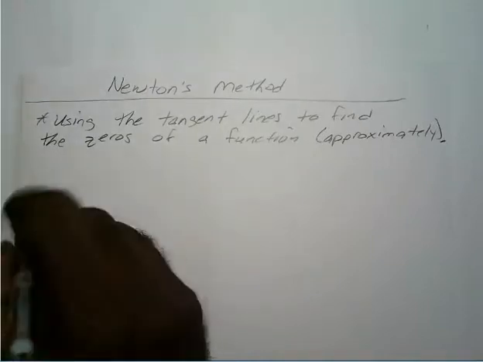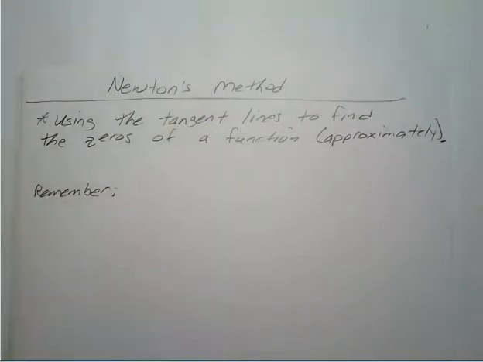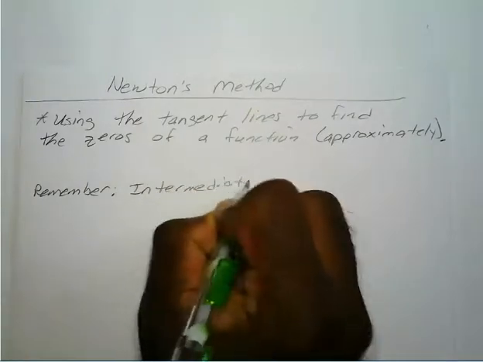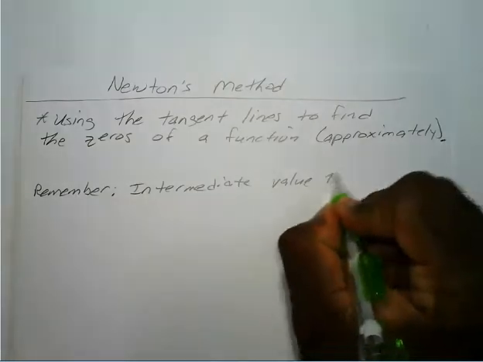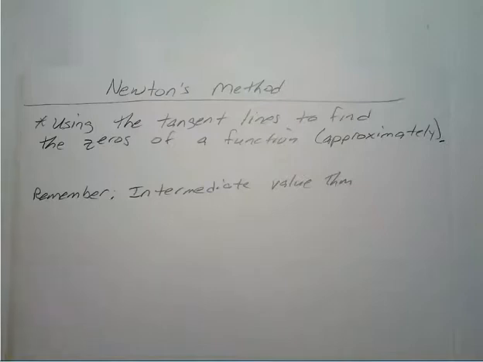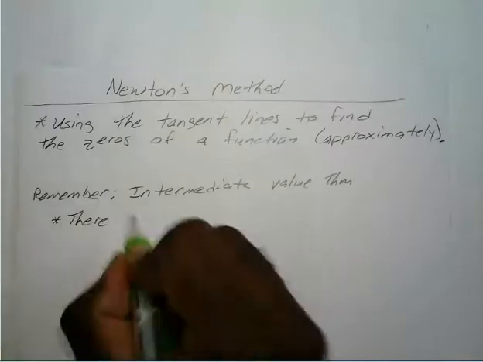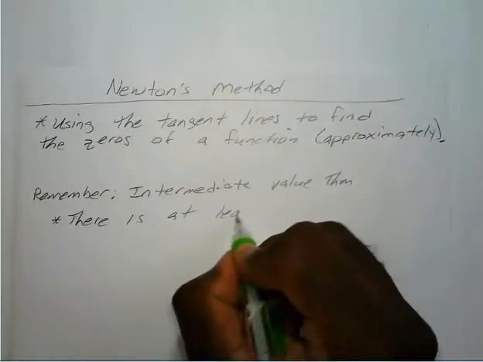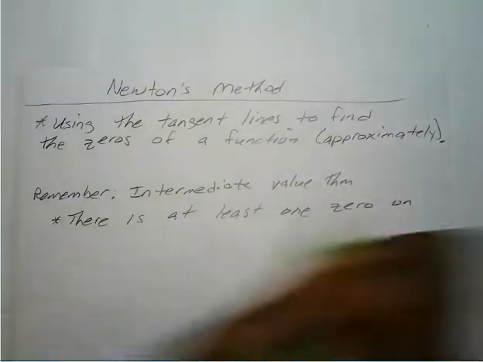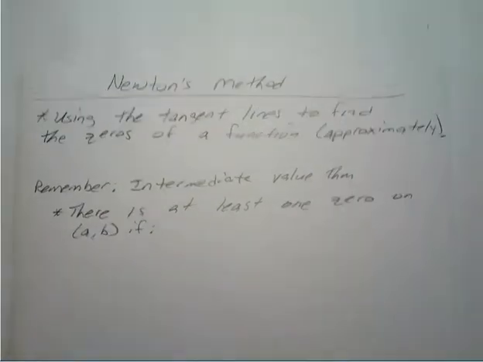Alright, so to start, you're going to have to remember the intermediate value theorem. What that says is that there's at least one zero on the interval from A to B if these conditions are met.